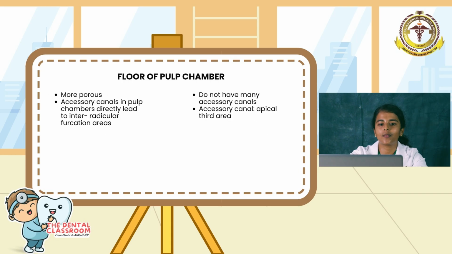The floor of the pulp chamber in the primary dentition is more porous, mainly because of the presence of accessory canals and the tortuosity of the canals. The permanent dentition does not have such accessory canals, so the floor of the pulp chamber is less porous.